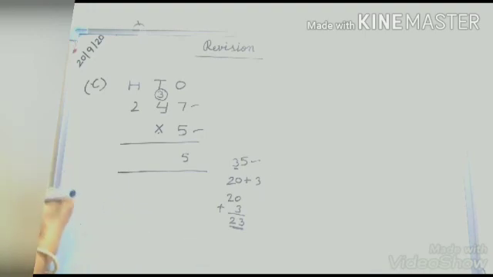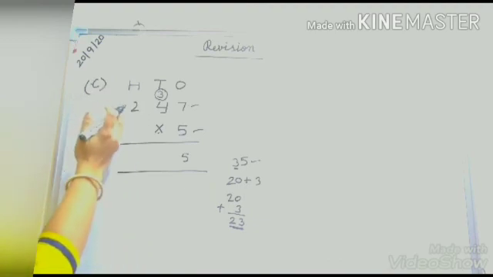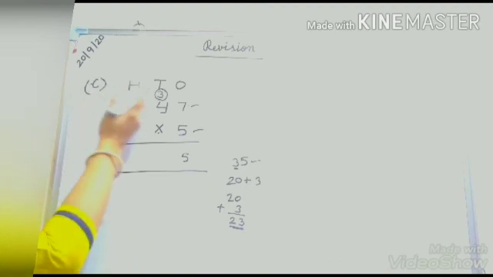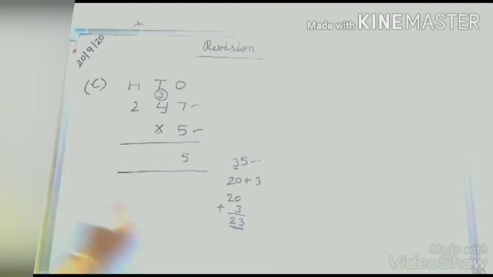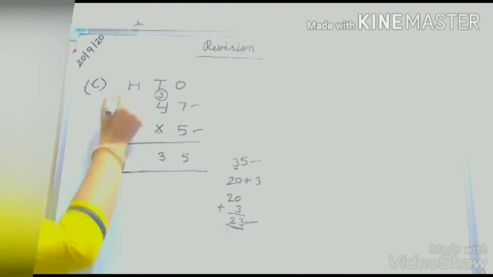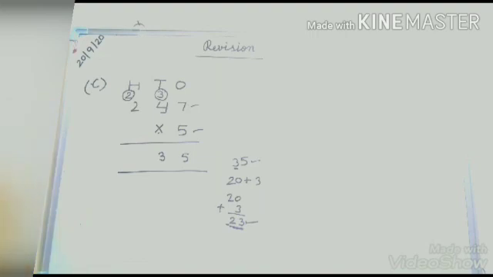So what number has come? That is 23. But again we can't write 23 here because there is a digit to the left side of the tens place. So we will write the right side digit, that is 3, and 2 will be carried over to the hundreds place. This is the carry over here at hundreds place.